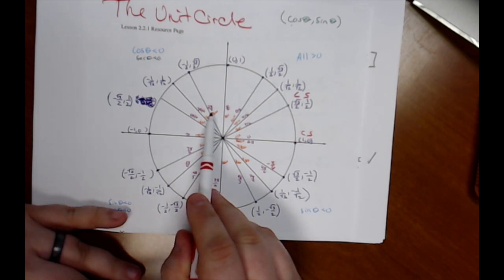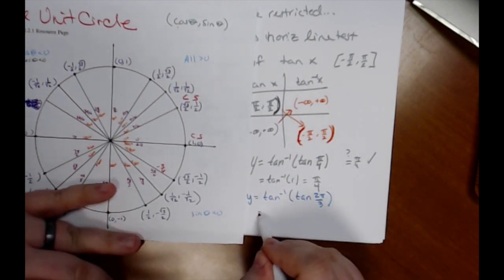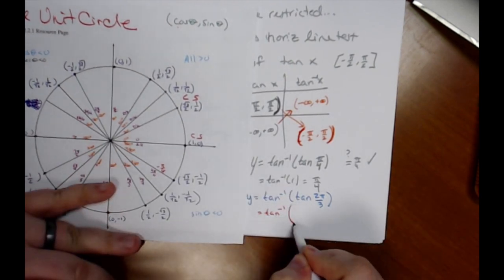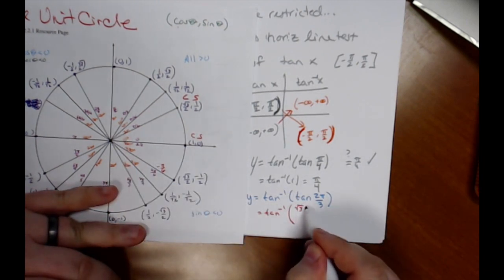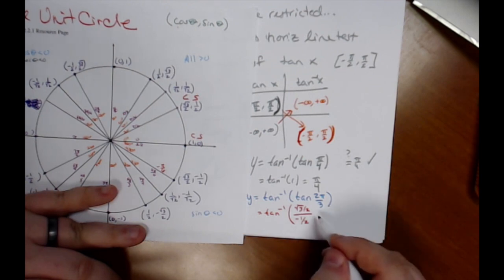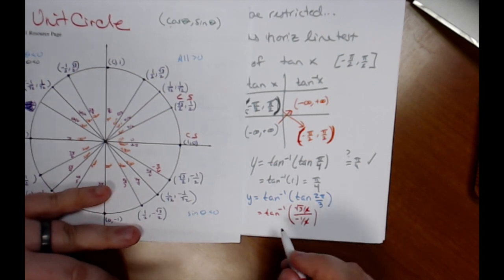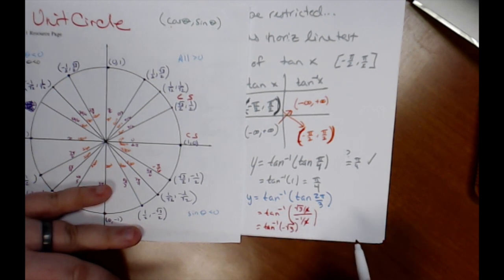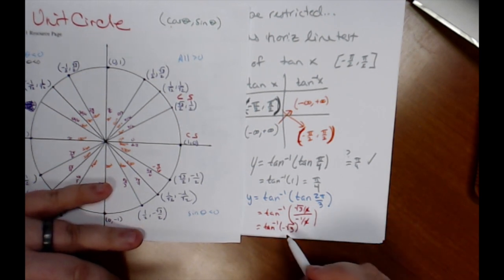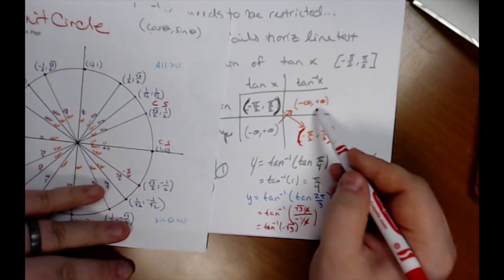Tangent there is root 3 over 2 over negative 1 over 2. So those halves cancel, and we get negative root 3. So that's arctangent of negative root 3. It can take any input value.